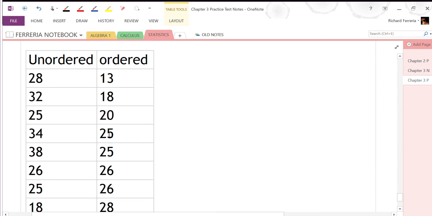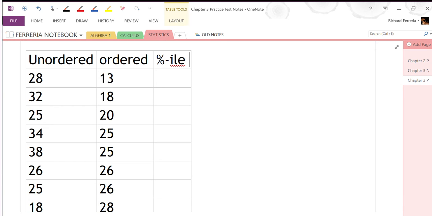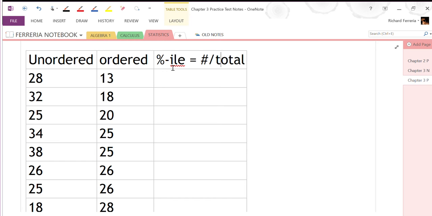And if you want to figure out the percentile, you're going to take the number that is less than or equal to, divided by the total.